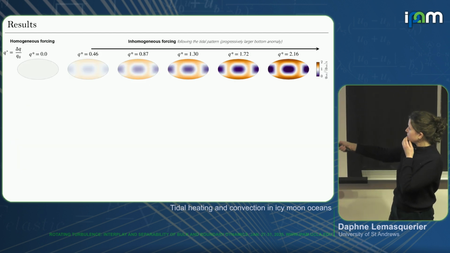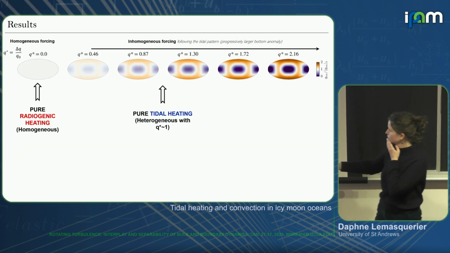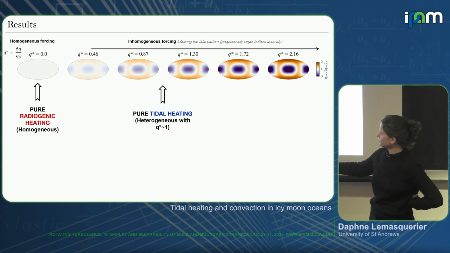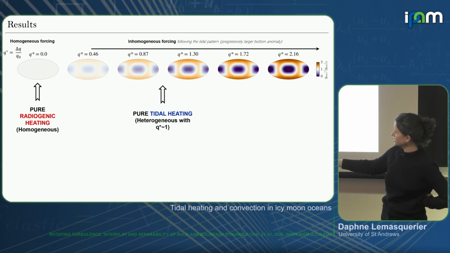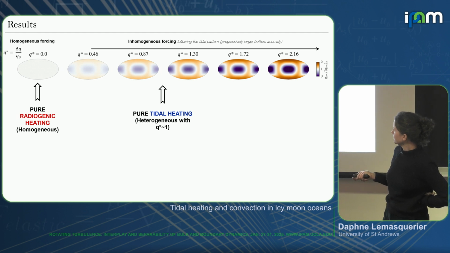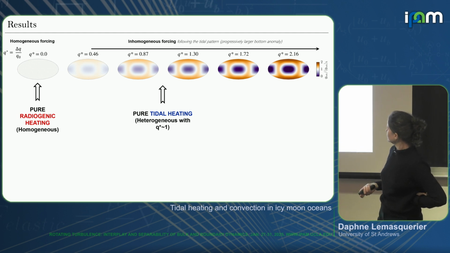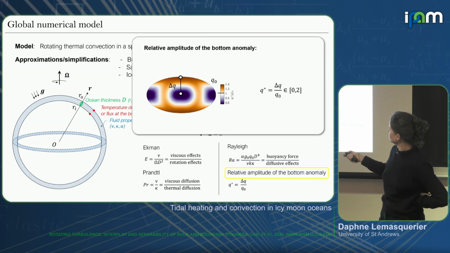Q star 0 is your pure radiogenic heating scenario, and Q star of order 1 would be your pure tidal heating scenario. We increased that further to go to the extreme case.